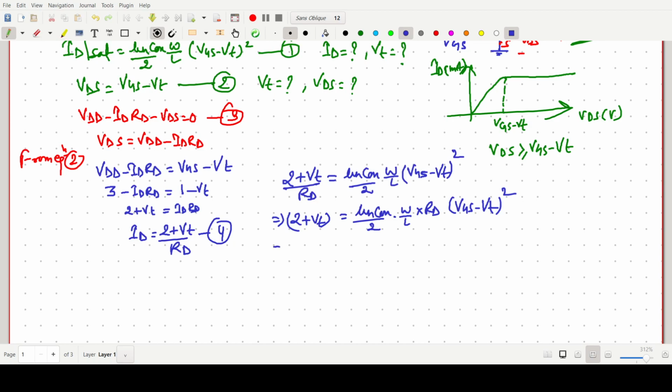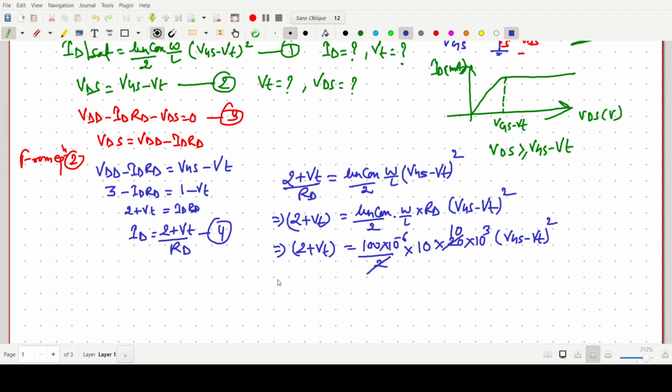Now we can put in the numerical values. Mu n Cox is given as 100 micro, so 10 to the power minus 4, by 2. The aspect ratio W by L is given as 10, and Rd is 20 kilo ohm, so 20 into 10 to the power 3, into (VGS minus Vt) whole square. We have to be very careful about this type of calculation; it is easy, but we have to take care.